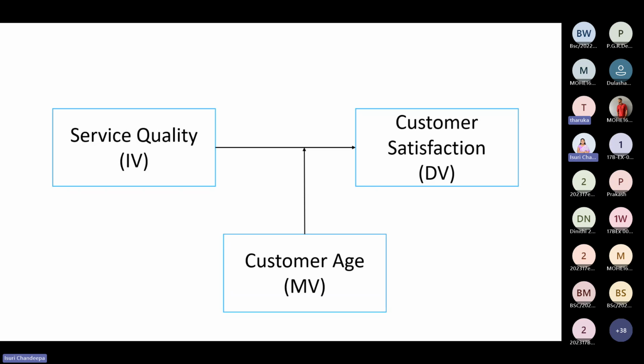Okay, the next point. If you include the moderator variable, how can you create a research topic? Any suggestions, based on the same research topic?